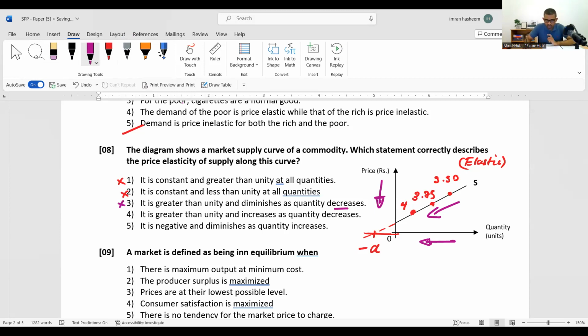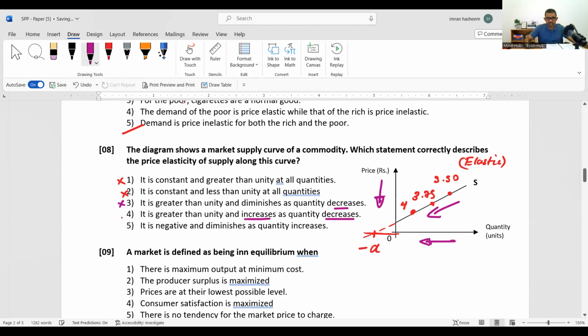It is greater than unity. Okay, yes, it is greater than unity. Elasticity increases as quantity decreases. Yes, we have to agree. Why? As quantity is decreasing, meaning we are going downwards. As we go downwards, 3.50 to 3.75 to 4. So yes, the coefficient is increasing.